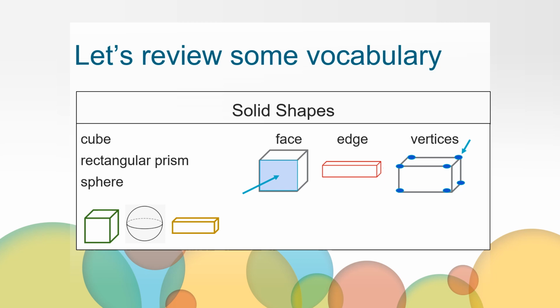I will give you some time to touch and count the vertices. You should have touched and counted 8 vertices on your rectangular prism.